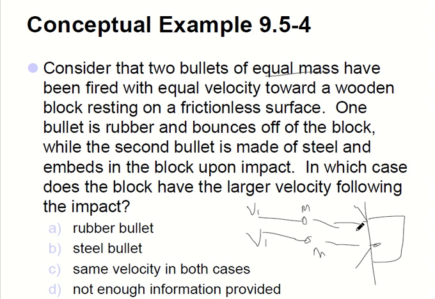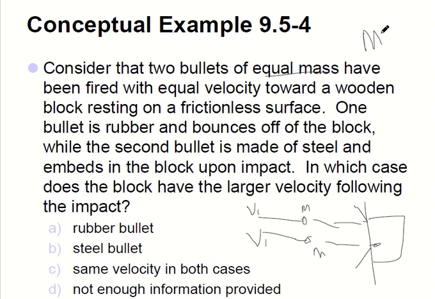In the rubber bullet case, because of the elasticity, this elastic collision of that rubber ball with that wall is going to transfer more momentum to the block than an inelastic one. Again, when we say momentum, don't think of something that goes into the wall.